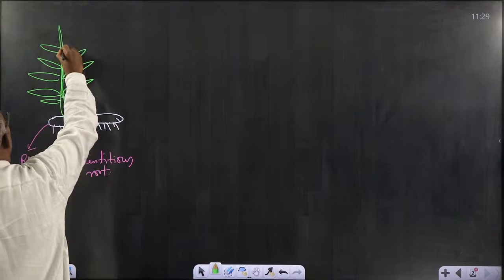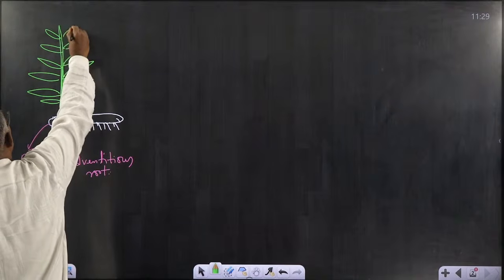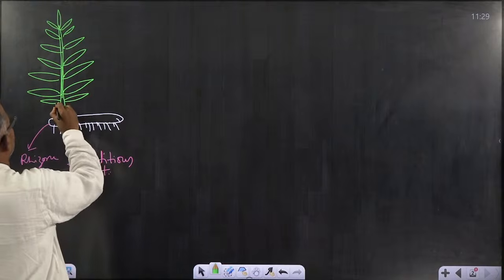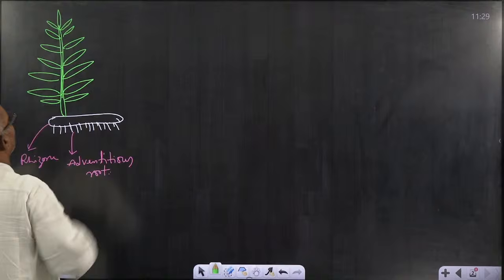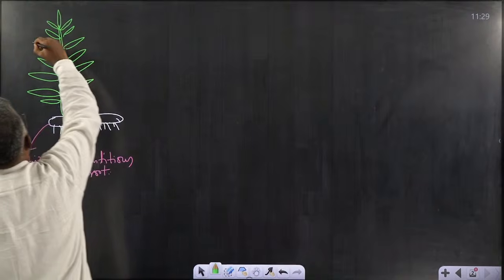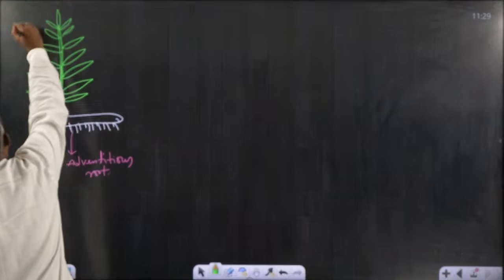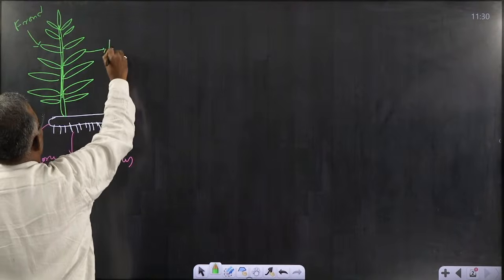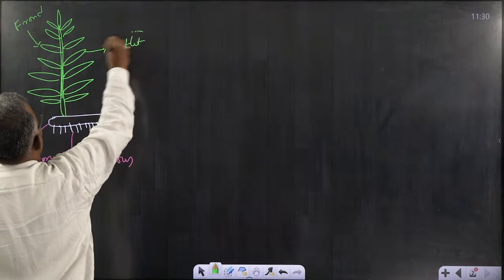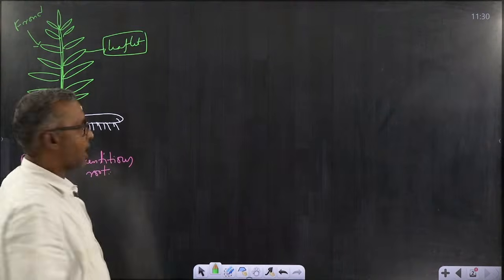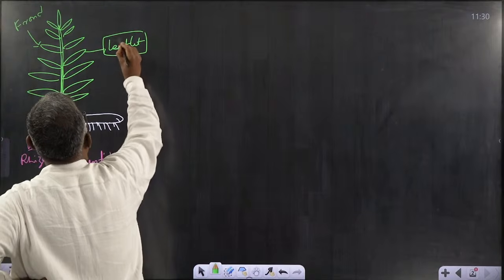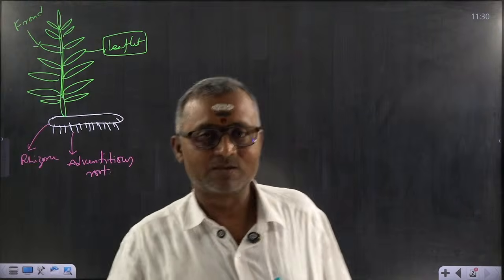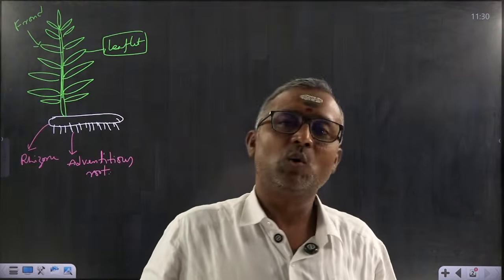Now look at here. This is the leaf. This large pinnately compound leaf is called frond. And you know that this is a leaflet. Leaflet is also called pinna. Remember, this word is not there in your NCERT book. Even teachers don't use this term, pinna, pinnule.